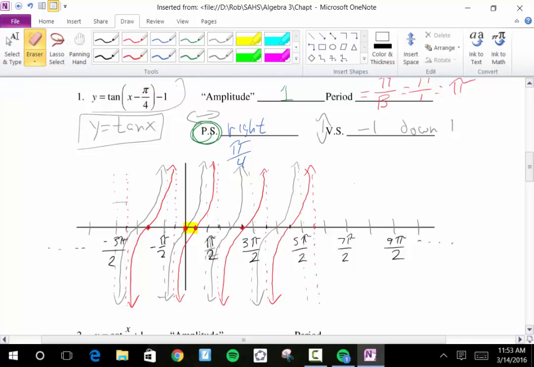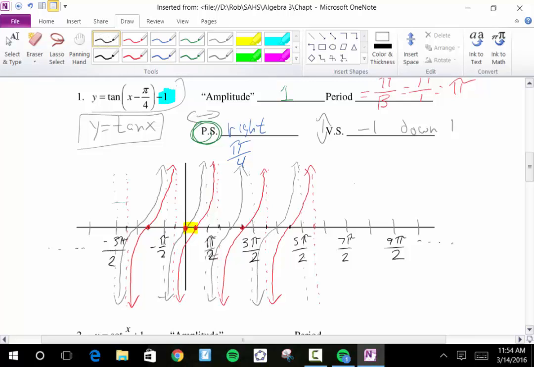Now, let's do this minus 1. What that minus 1 does is it takes every point on this new red graph, every point here and here, this one right there, and this one too, all of them, and it shifts it all down a value of 1.